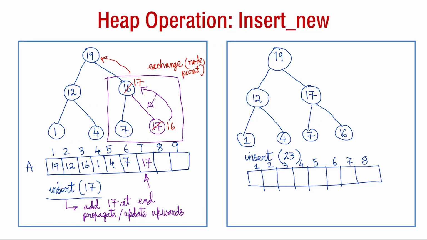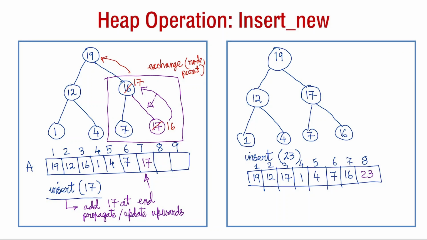So already we have 19, 12, 17, 1, 4, 7, 16. And now this new node 23 will be inserted here.